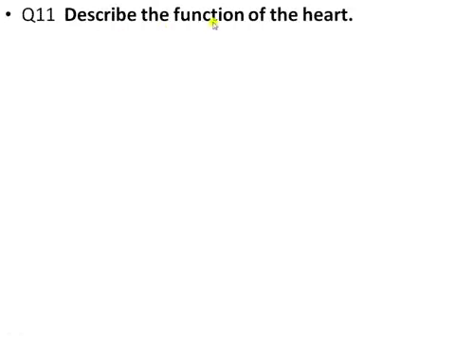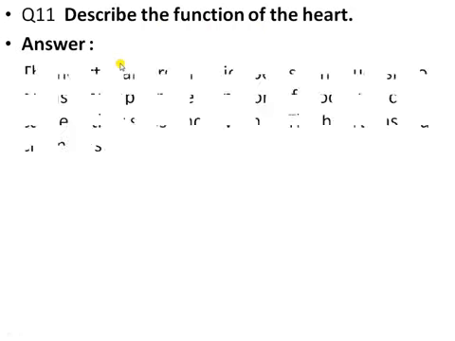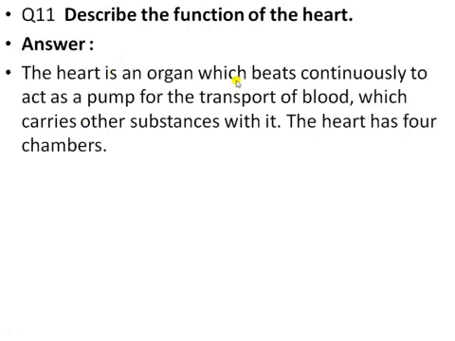Moving to the next question, describe the function of the heart. The heart is an organ which beats continuously to act as a pump for the transport of blood, which carries other substances with it, and the heart has 4 chambers.